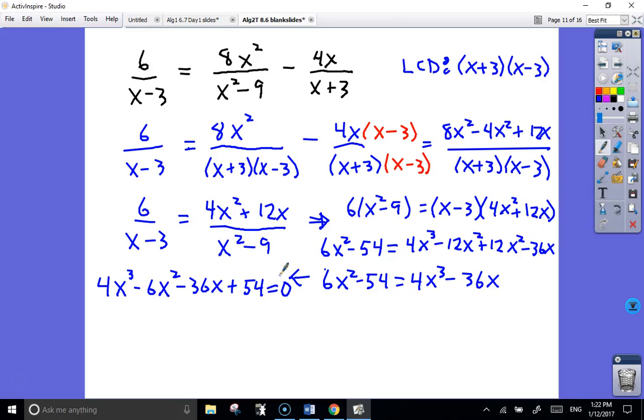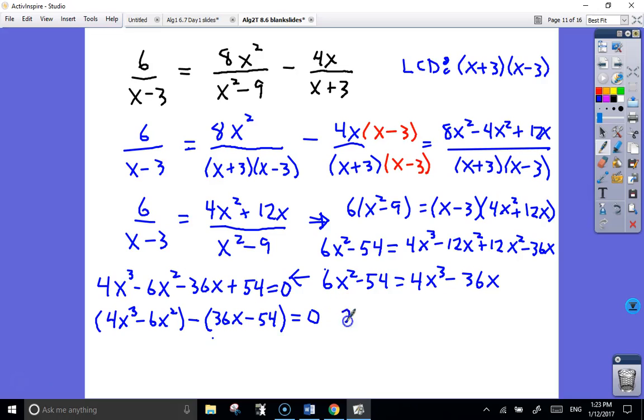So we will group the first two. And this time, because I've got this minus in front of the parentheses, I've got to be careful, right? That'll be 36x minus 54 equals 0. And then I have to factor each set of parentheses.